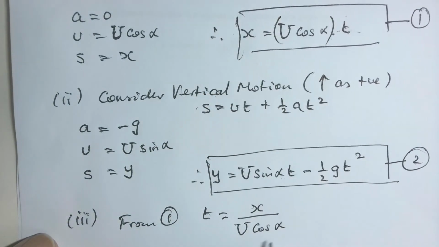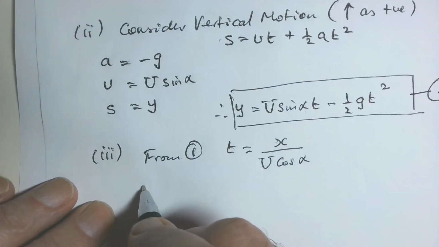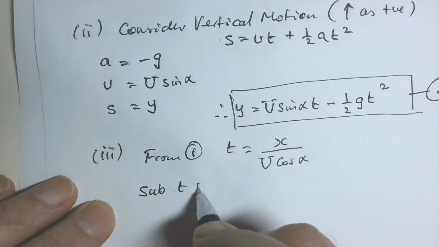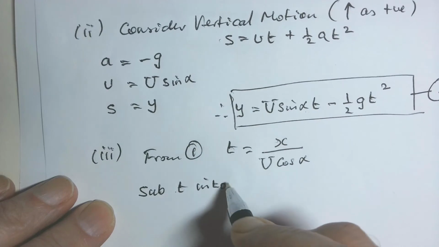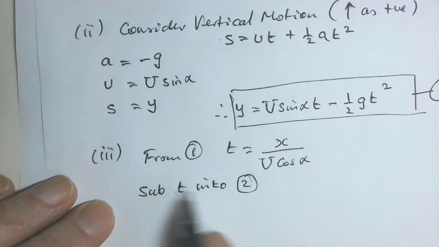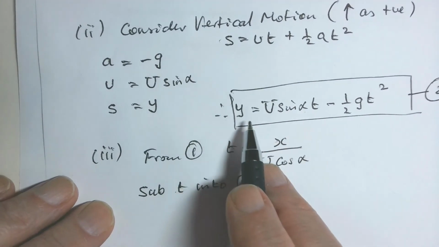Now the next thing is to sub t into equation 2. I'm going to substitute for t in this equation. So what do I get?